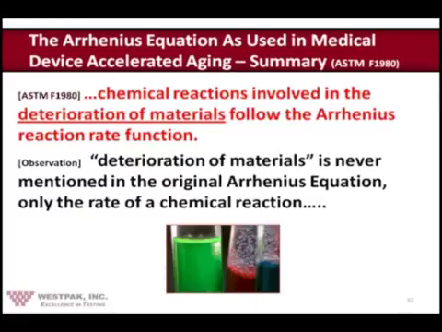It's interesting to note that while the ASTM F1980 standard defines this deterioration of materials that I mentioned earlier, that follows the Arrhenius reaction rate function, this so-called deterioration of materials is never mentioned in the original Arrhenius equation. It's never there. I thought that was kind of interesting.